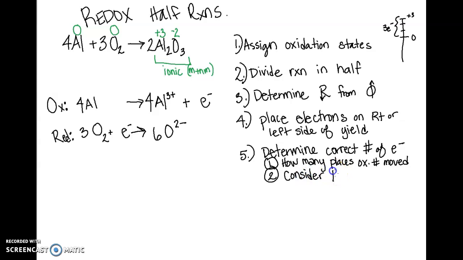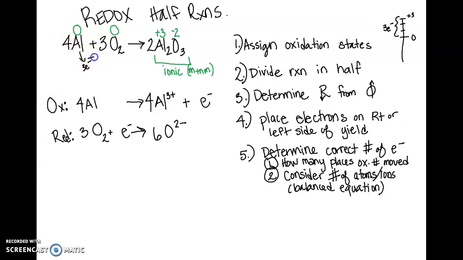However, I also need to consider the balanced equation. Consider the number of atoms that were involved in this, or ions. So consider the balancing of the equation. So every aluminum atom lost 3 electrons, each of them. But notice how many there are.